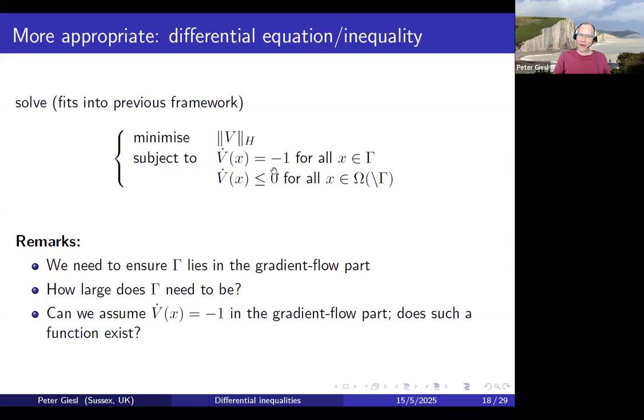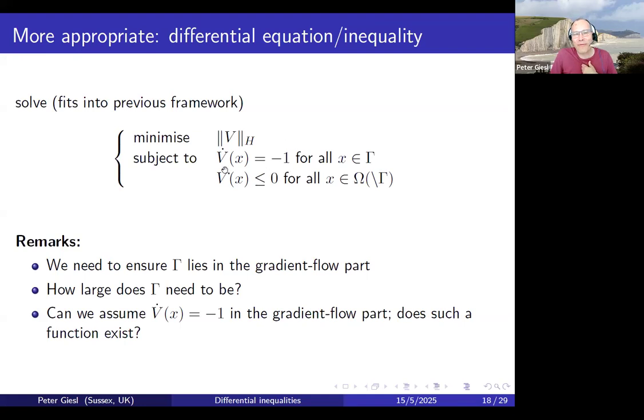We need this for all points, but we also want to make sure some points actually have a negative derivative. If we just get rid of the first line and only look for a function where v dot is smaller or equal to 0, the minimal solution is, again, v is just constantly 0, and it doesn't tell us anything. So we could do that, but we don't get any information.